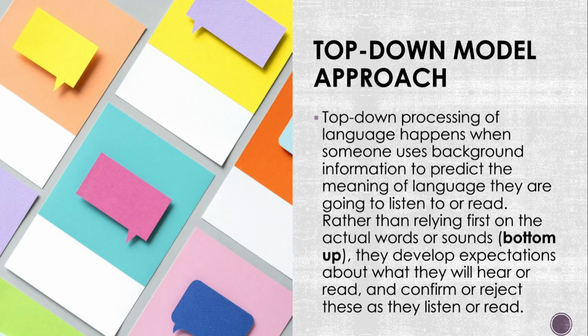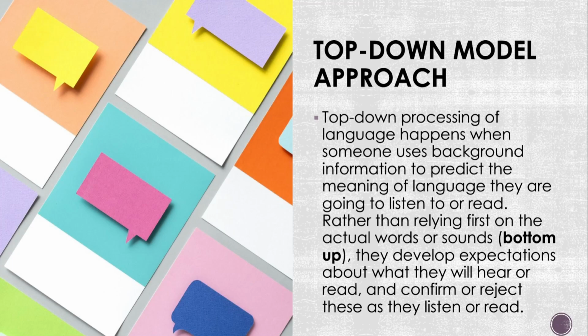Now, top-down model approach. Top-down processing of language happens when someone uses background information to predict the meaning of language they're going to listen to or read, rather than relying first on the actual words or sounds, bottom-up. They develop expectations about what they will hear or read, and confirm or reject these as they listen or read.